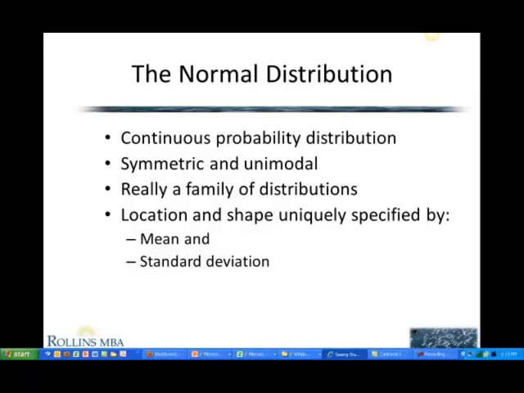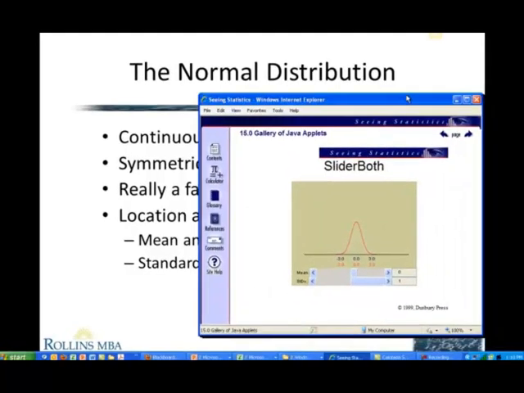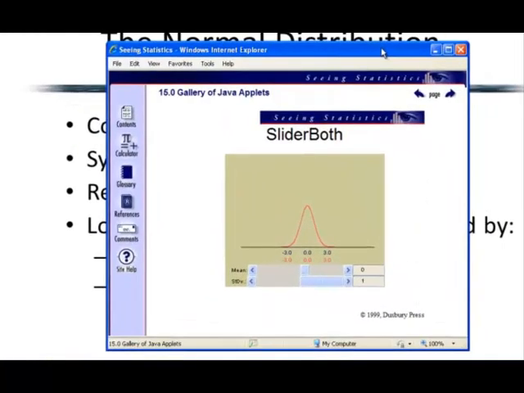And let me see if I can give you a bit of a visual representation of this by taking a look at this little graphic applet here. And what we're seeing here is a curve for a normal distribution.